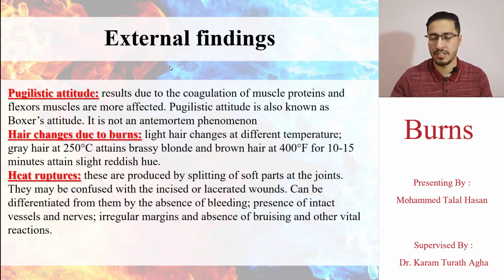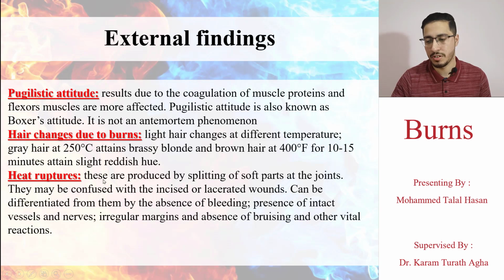The external findings, this is an important subject here. The pugilistic attitude results due to coagulation of muscle proteins, and flexor muscles are more affected. The pugilistic attitude is also known as the boxer's attitude. It is not an ante-mortem phenomenon, it's a post-mortem phenomenon. The hair changes due to burns.